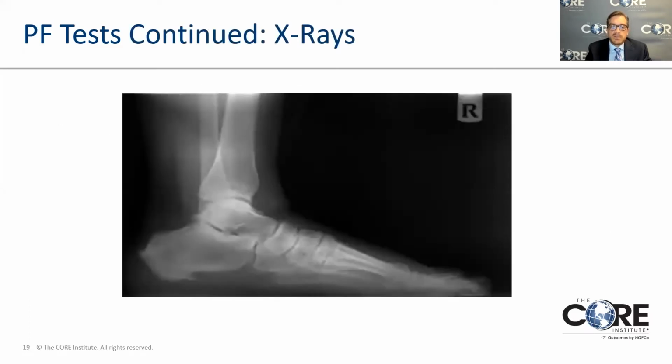So this x-ray shows the bottom of the heel, and you can see the heel spur right here. A lot of times the heel spur itself is parallel to the weight-bearing surface. So it's parallel to the floor or the platform. It's not pointing downward.